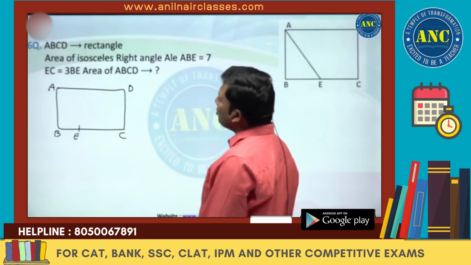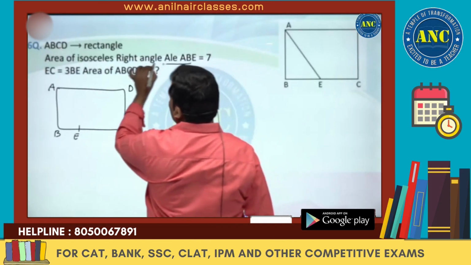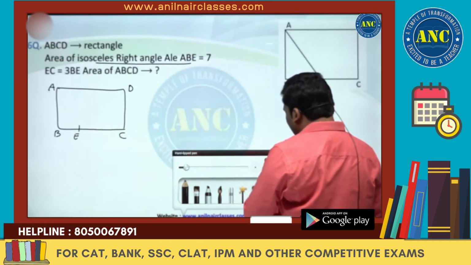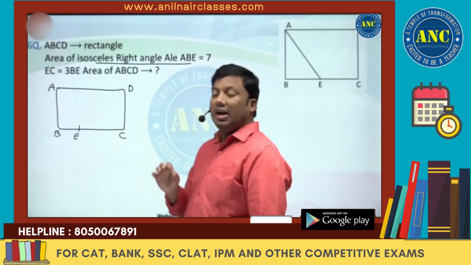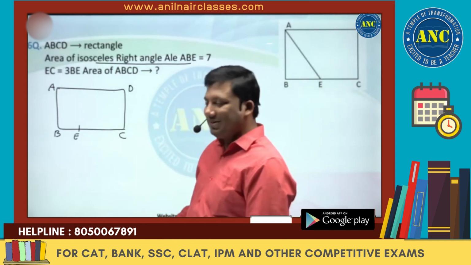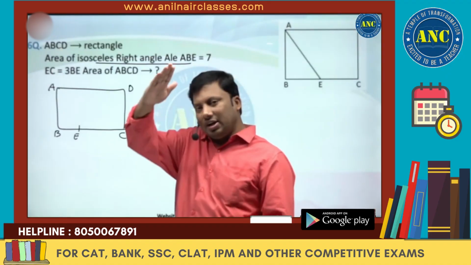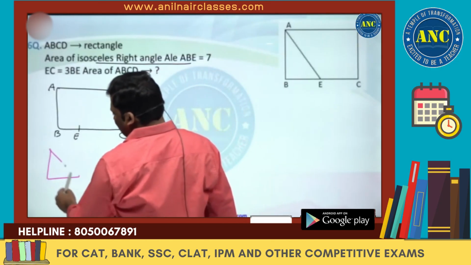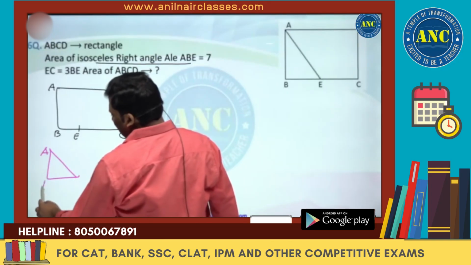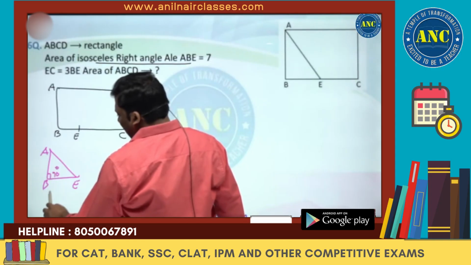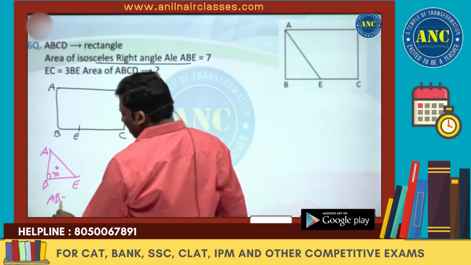It is an isosceles right angle. What do you mean by an isosceles right angle? A right angled triangle is a triangle in which one angle is 90 degrees. Isosceles right angle triangle means other than the hypotenuse, suppose if I take this ABE, this is 90 degrees and AB is equivalent to BE.